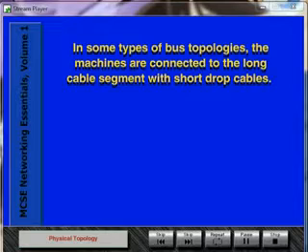In some types of bus topologies, the machines are connected to the long cable segment with short drop cables. These cables are about 2 to 4 feet long and connect the main network cable segment to each machine.